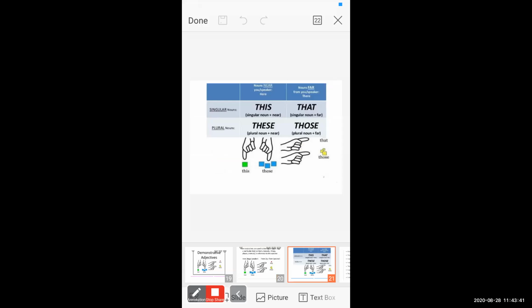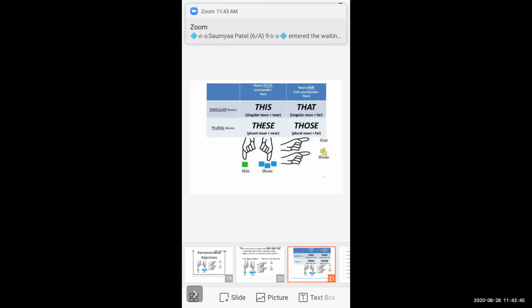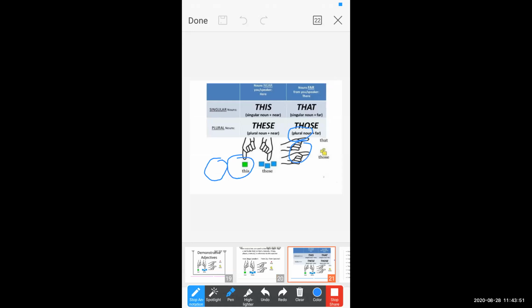There is one more thing, students. See over here. This, that is a singular noun. This, that is for the singular noun. Everyone knows about the singular: one thing comes under the singular, and plural means many things. When the noun is near to you, you use this and these. When the noun is far from you, you use that and those.